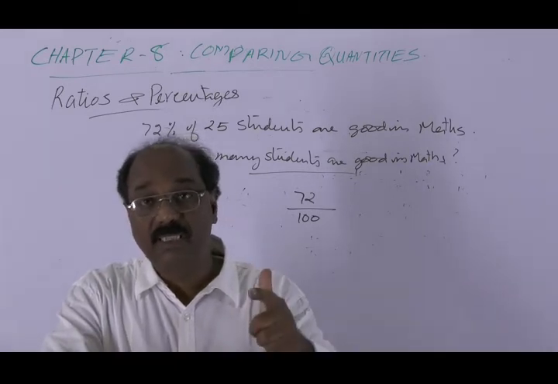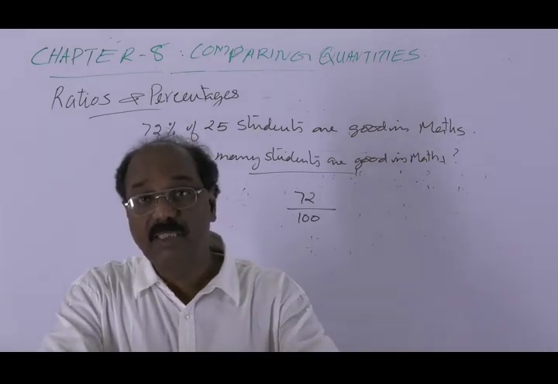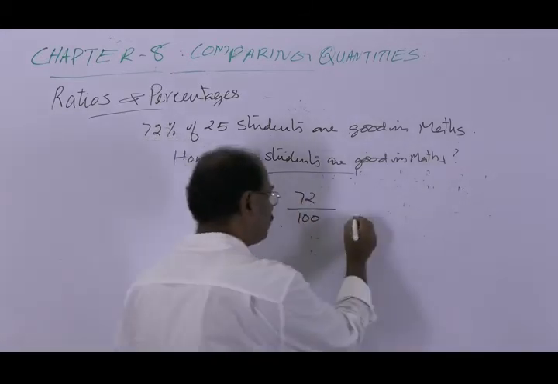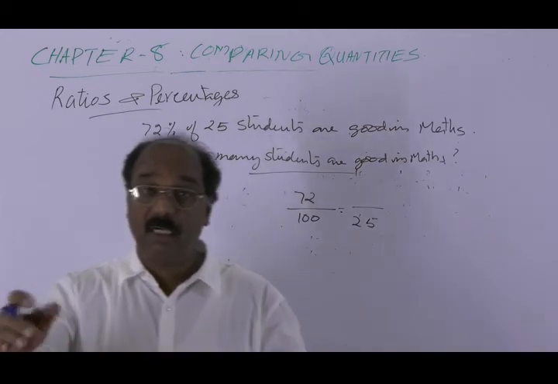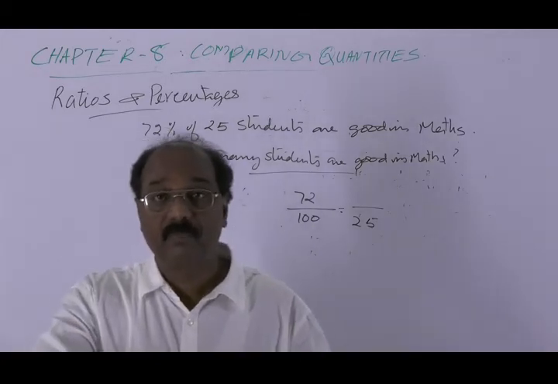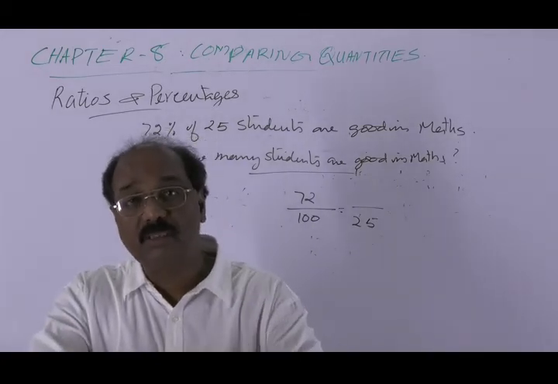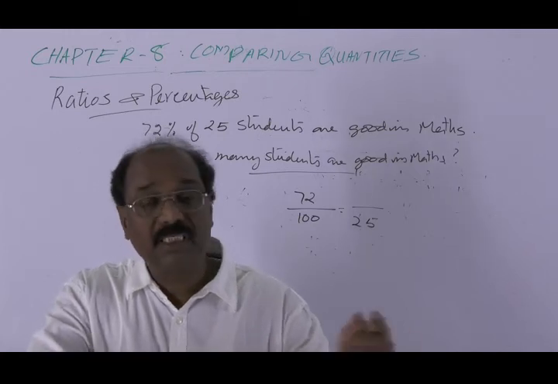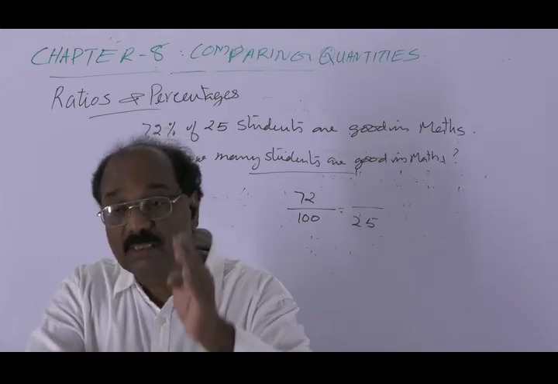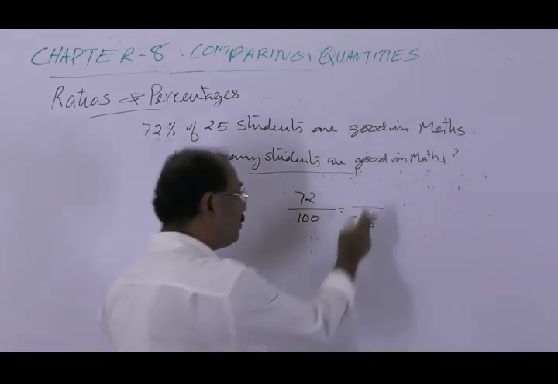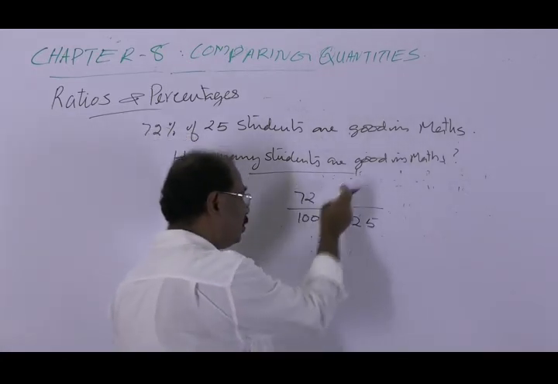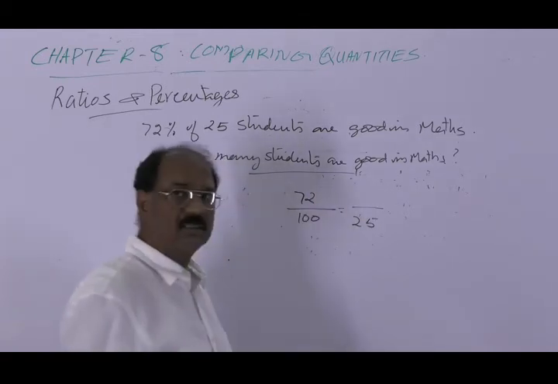We have only the percentage. The actual number of students is 25. Suppose these students belong to a certain class. Then in the class we have 25 students, 72% are good. How many students out of these 25 are good? Find this number in the numerator. This is equal to 72 by 100.